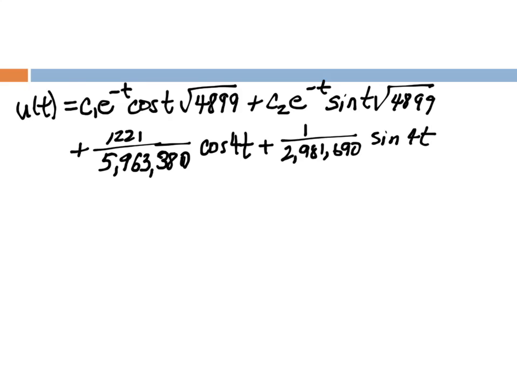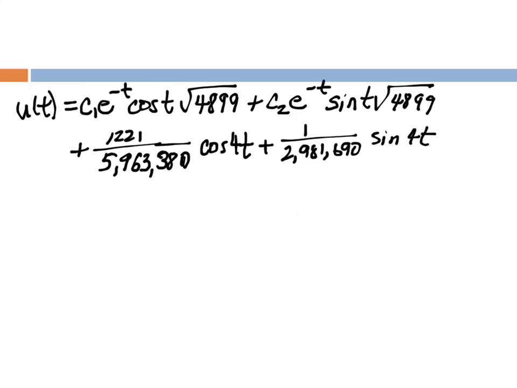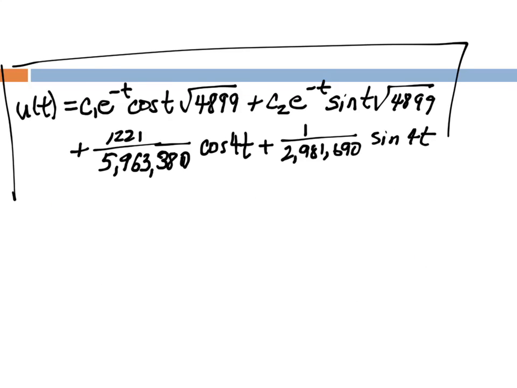Sine 4t. Is that right? That is correct. A times cosine, B times sine, since that's the order we gave it in, like this.